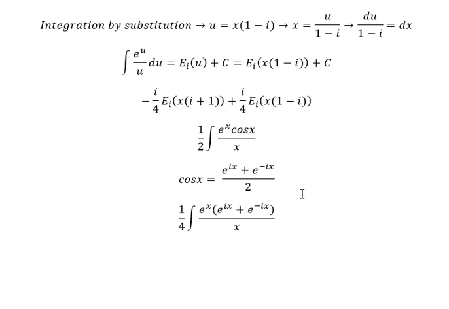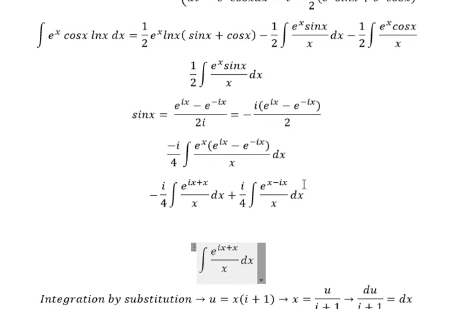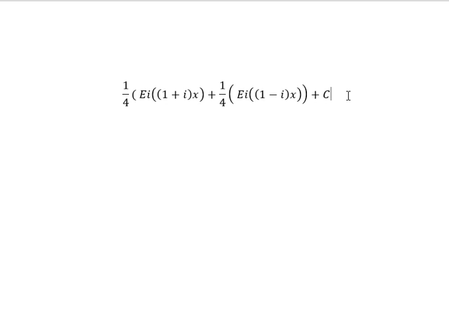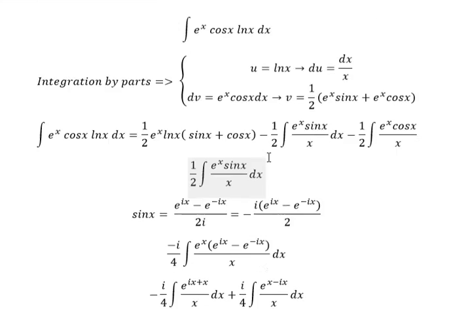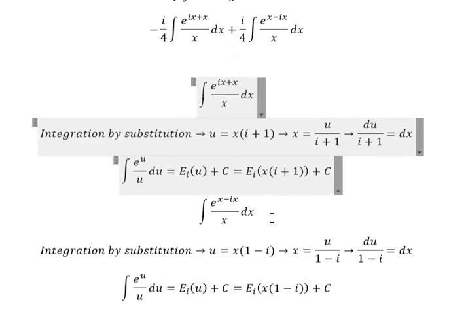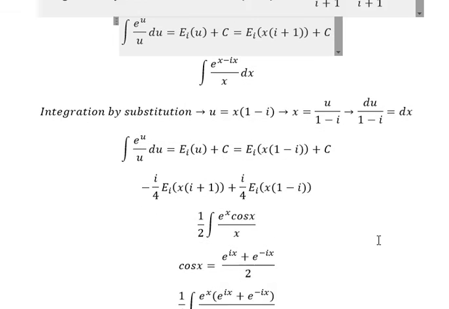So now we can compile the answer. We have this one. And we have the negative in here, so that's why when we compile the answer we need to have the negative in here.